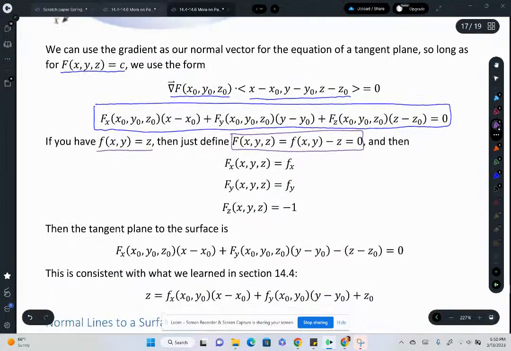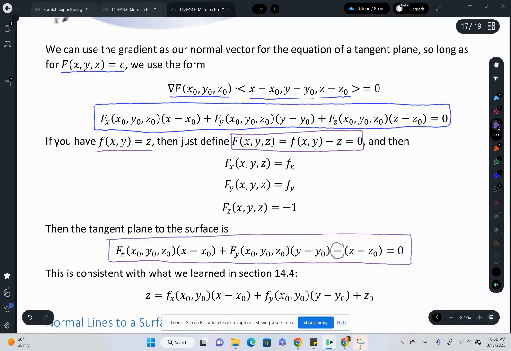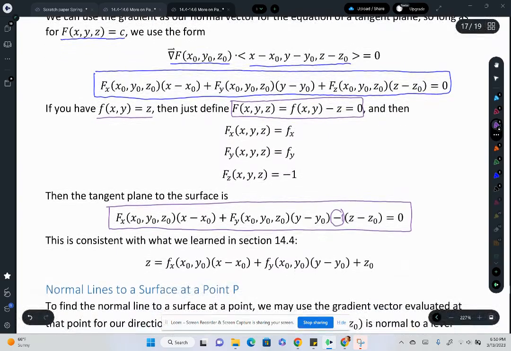And then we can put those values in, and here's the form that we get. The only difference is right here where it's just a -1 hanging out. So that is our first partial with respect to z. Now, if I compare this with what we did before in 14.4, by distributing that negative sign and moving the z over to the right-hand side of the equal sign, these are the same.